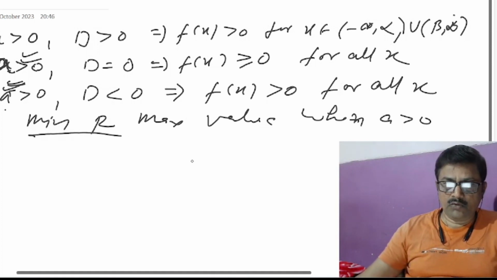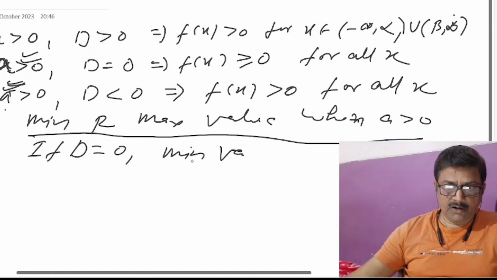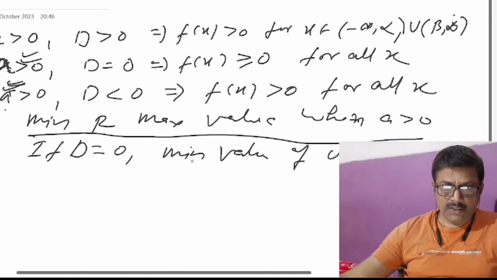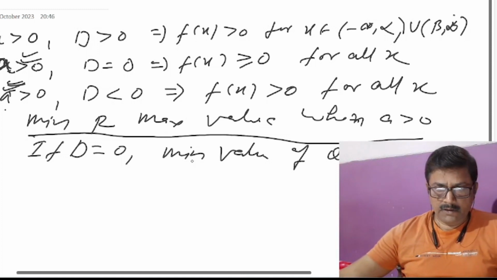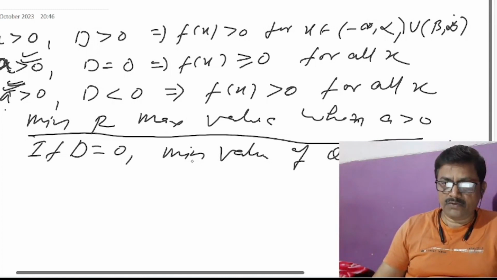So I will make two cases for the minimum value. If D equal to 0, the minimum value of the quadratic will be 0.